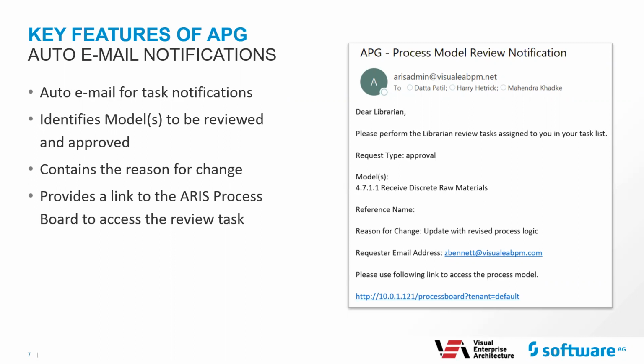So we would detail out the models that were included in the review. The reason for change, we typically request some type of reason for change, whether it's a new process or we're changing an existing process. And we see the requester's email address and then a link to the process board. So that is a link to the process board that will open up the task to review.